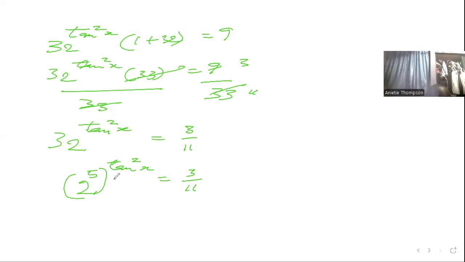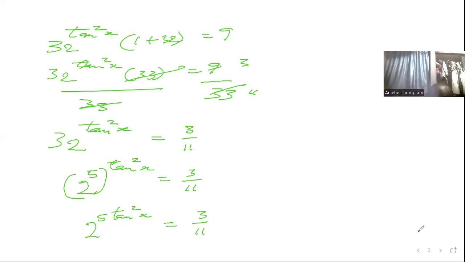The next thing is to open the bracket. I'll have 2 raised to the power of 5 tan square x is equal to 3 over 11. So what we got there is 2 raised to the power of 5 tan square x equals 3 over 11. So you can confirm that there.